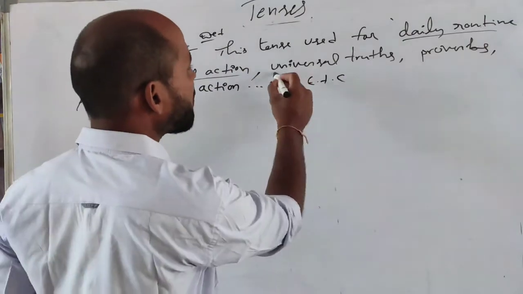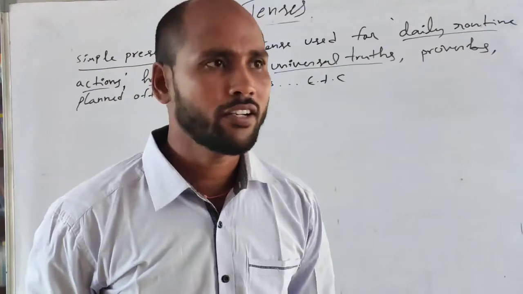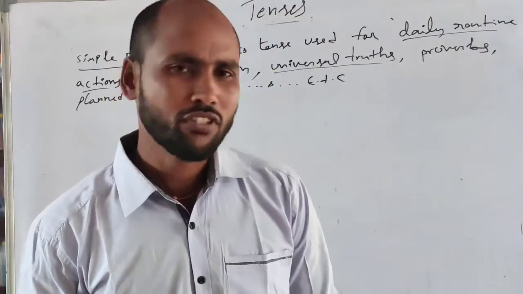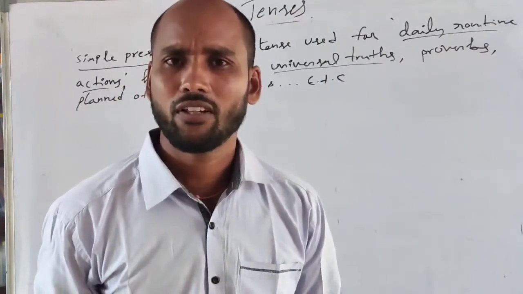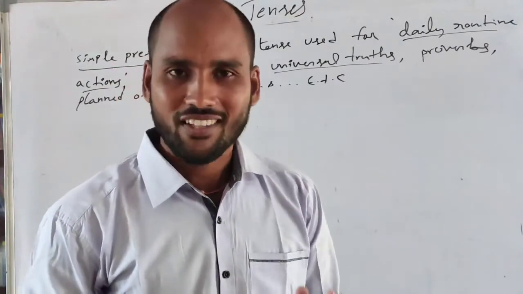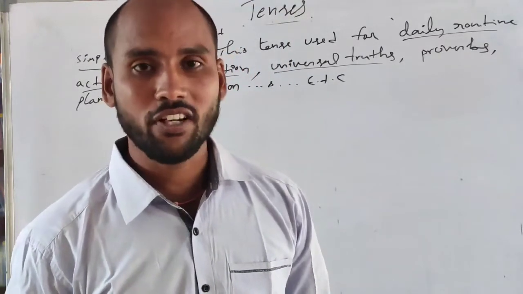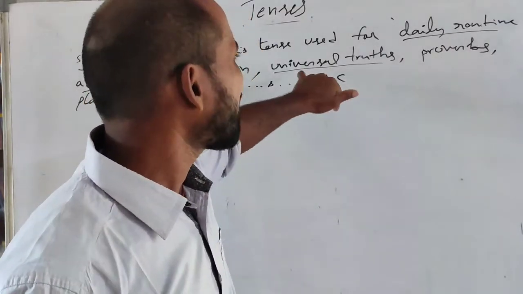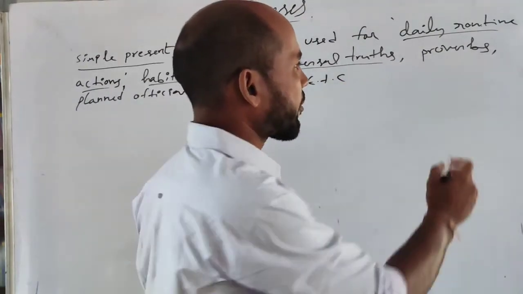And universal truths. Universal truths are fixed sentences where the same formation is followed in past time, future time and present time. Those are: the sun rises in the east. Next example: all that glitters is not gold. Those are examples of universal truths. And proverbs.